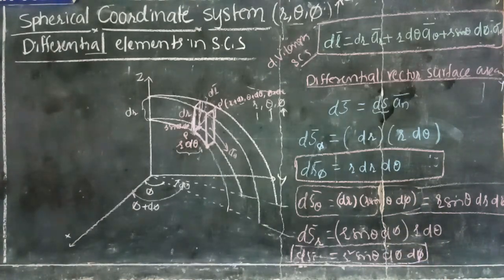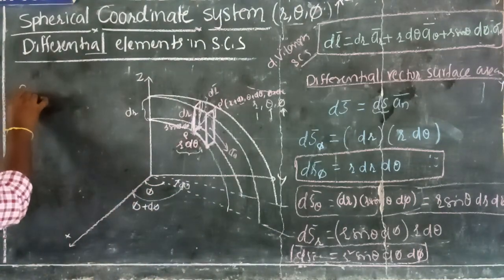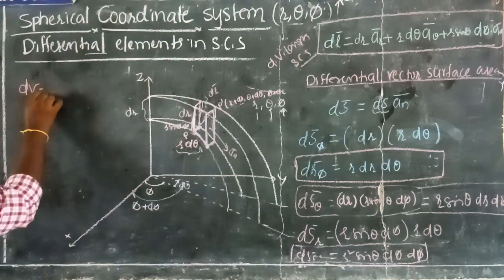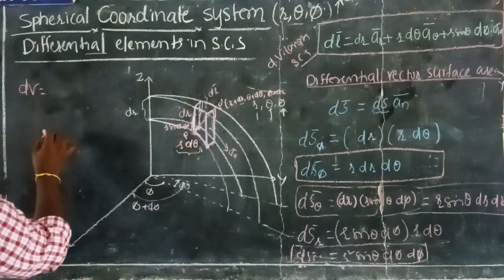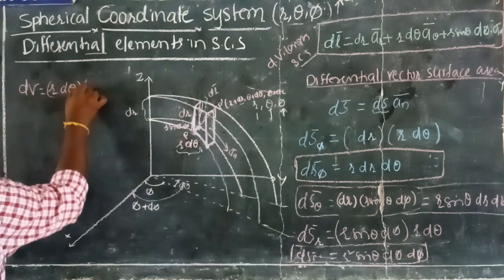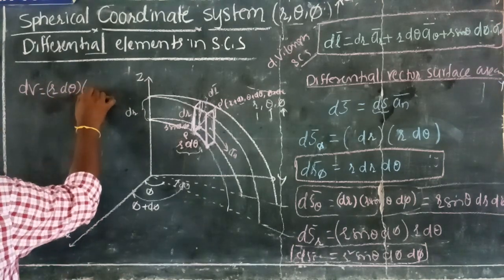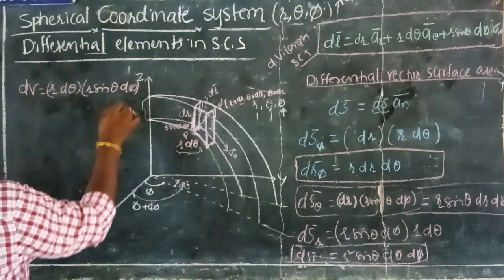Right. Now we have the final derivation, that is the differential volume, which is the product of length, breadth and height. What is the length? It is r d theta. What is the breadth? The breadth is r sin theta d phi. And what is the height?